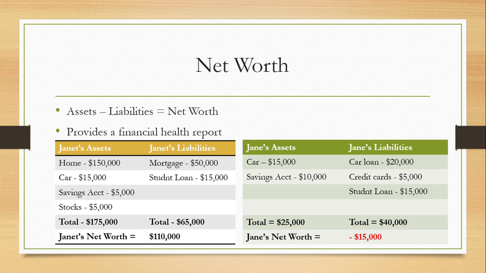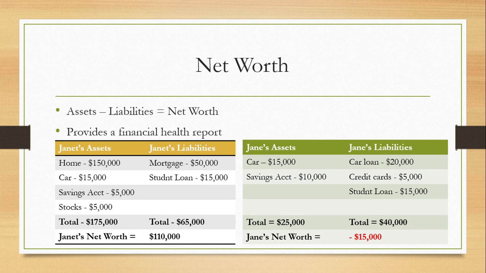We've got Janet and Jane. So we'll start with Janet. Janet owns a home that's worth about $150,000. She owns a car that's worth about $15,000. She has a savings account that has $5,000 in it, and she has about $5,000 in stocks. So that means that her total asset value is $175,000.